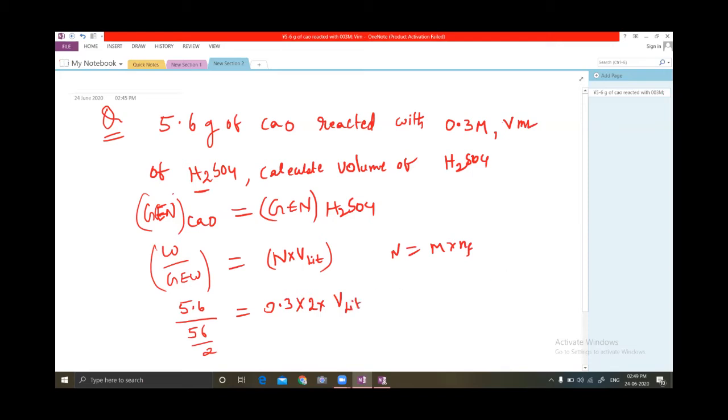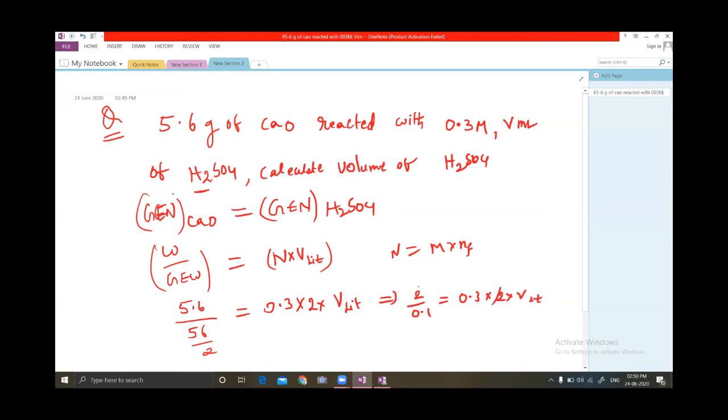How much are you getting, sir? Please check it. I think you can get here 2 will go up. 2 by 0.1 equal to 0.3 into 2 into V liters. Is it correct?